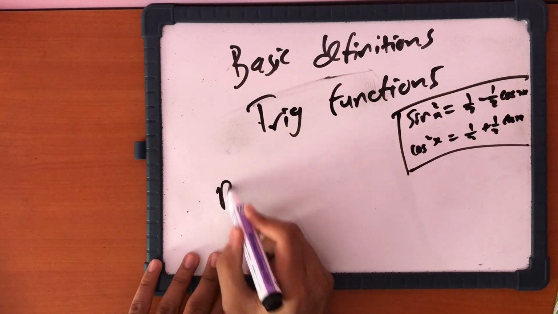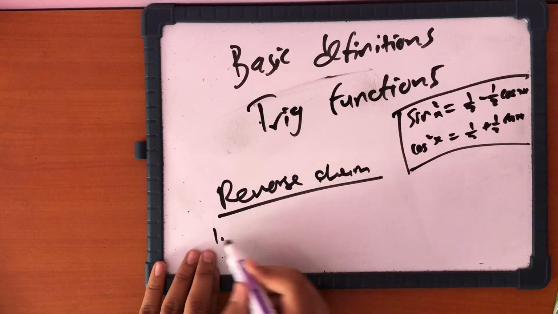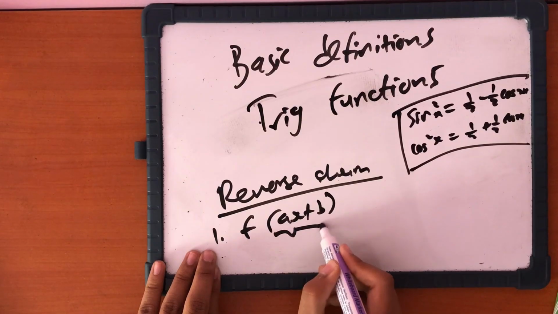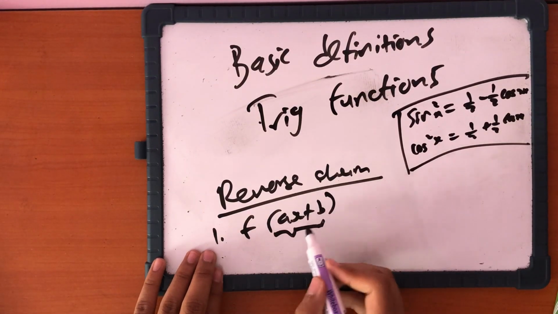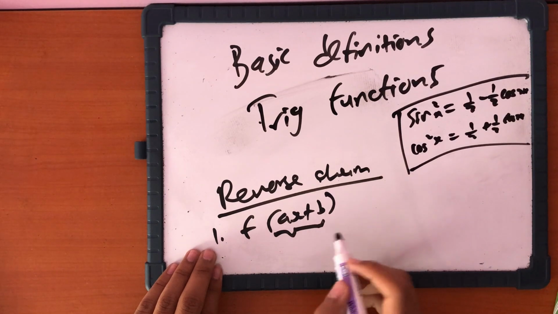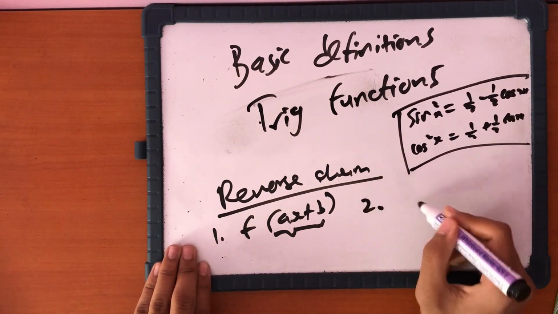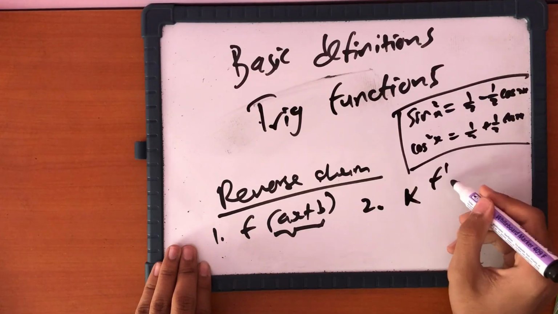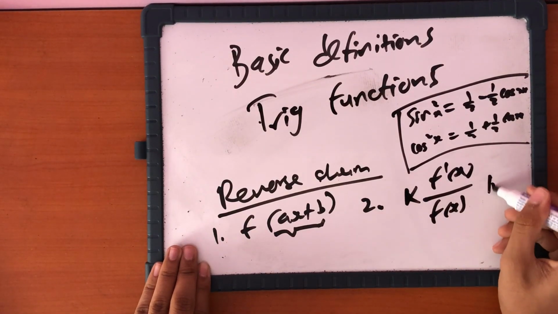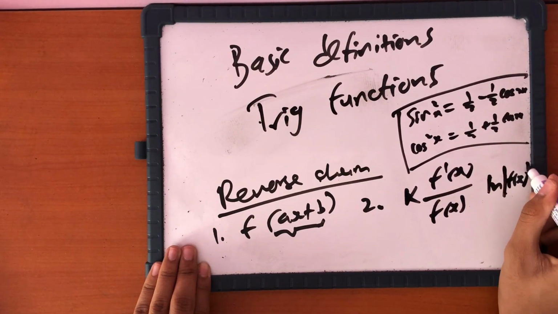And then for reverse chain rule, we saw applications of f raised to ax plus b, where this has to be linear because we will divide by its derivative, which we want to be just a, nothing involving x anymore. So that when it's of the form f prime x over f of x, the general answer is just ln f of x, ln of the denominator, modulus sign, remember.